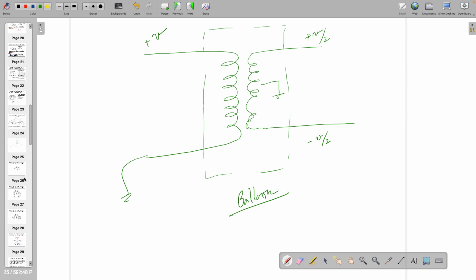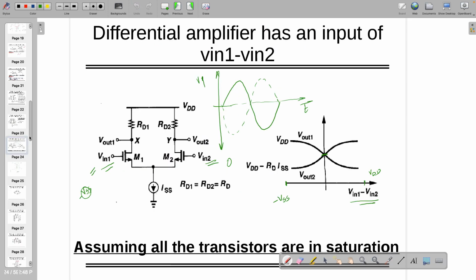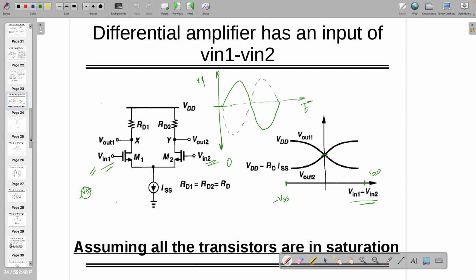Anyway, if both are 180 degree phase shifted to each other, look at this, it keeps on increasing. One side it's increasing, the other side it's decreasing, and so on. At this place it becomes 0.